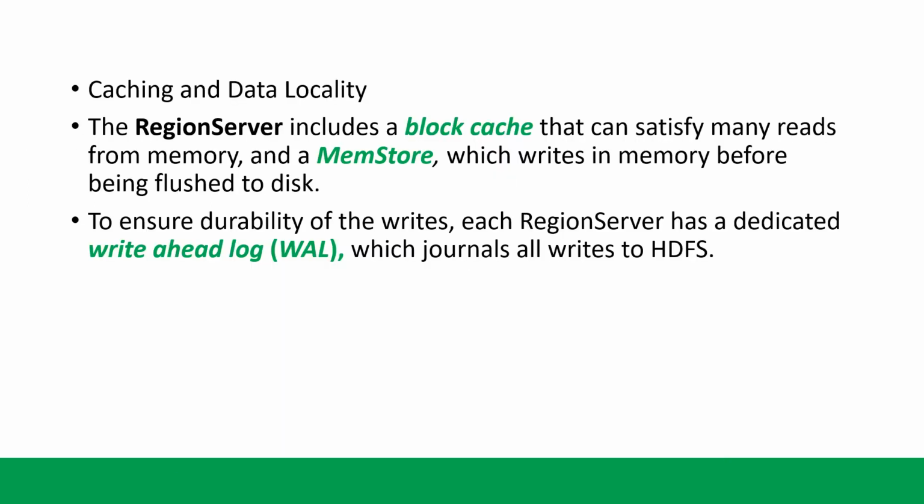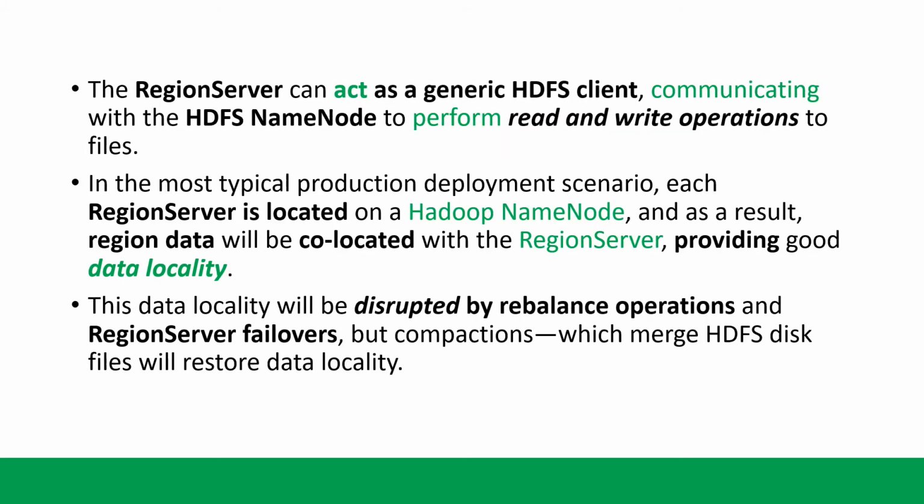Caching and data locality. The region server includes a block cache that can satisfy many reads from memory and a memstore which writes in memory before being flushed to disk. To ensure durability of the writes, each region server has a dedicated write-ahead log which journals all writes to HDFS.